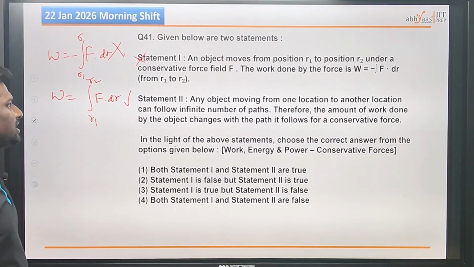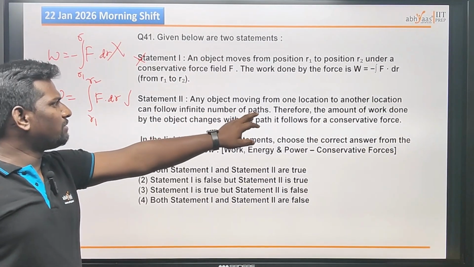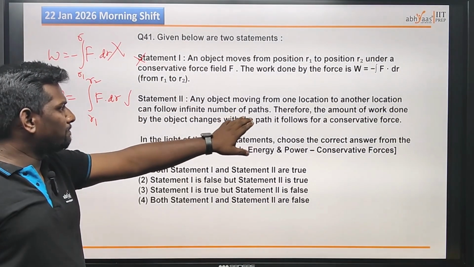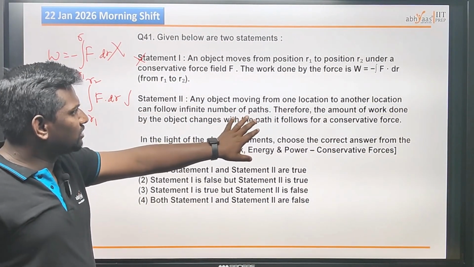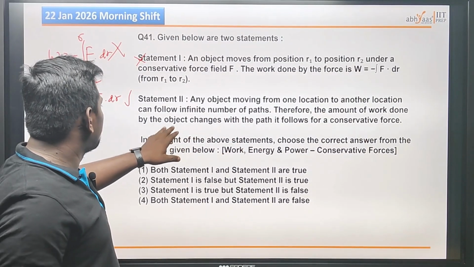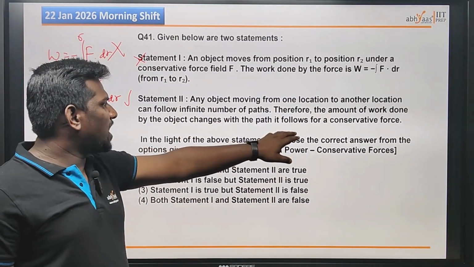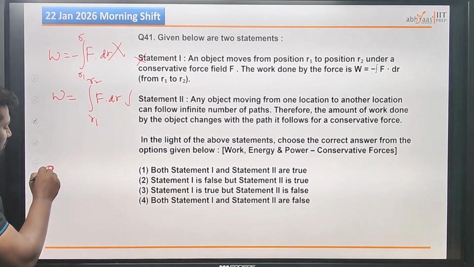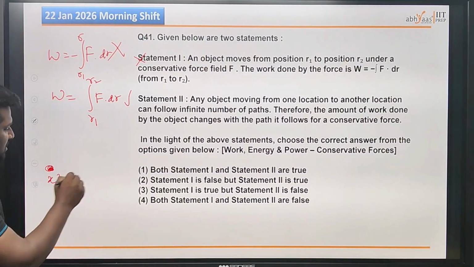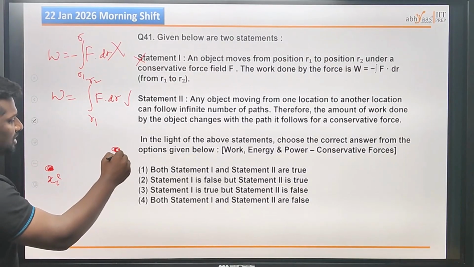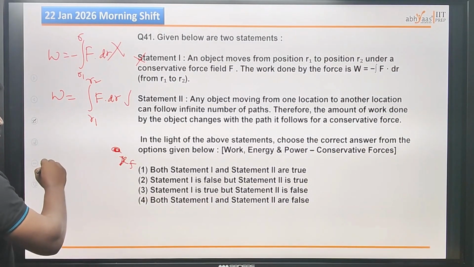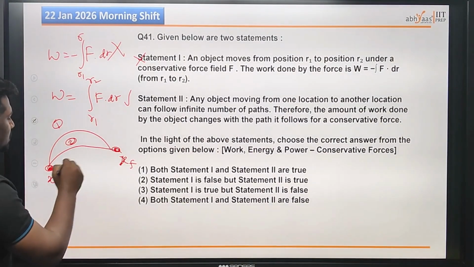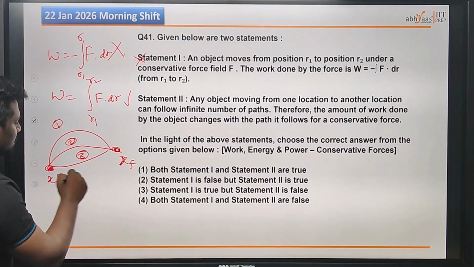What is the second statement? Any object moving from one location to another location can follow an infinite number of paths. So therefore, the amount of work done by the object changes with the path followed for a conservative force. If this is our initial position, x initial, and we have another position, x final, one path is there, path 1, next path 2, path 3, path 4.